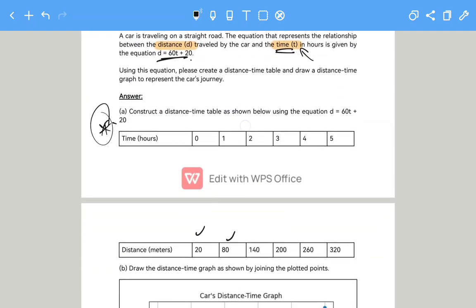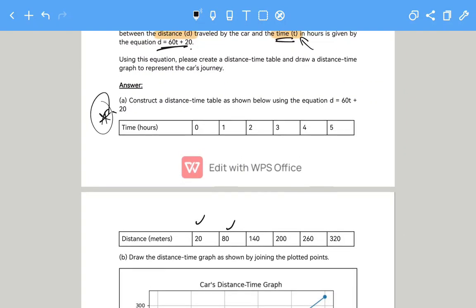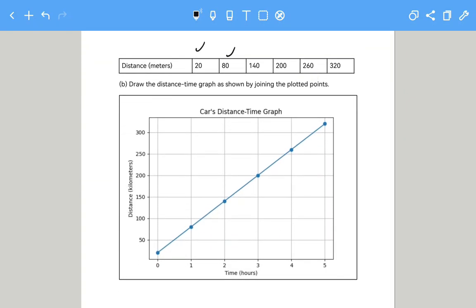So we just use time as 0, 1, 2, 3, 4, 5, and then for this one we look at the largest value. And then we determine ourselves whether our graph is able to use 50 or not. But mostly we can, so we use 50 because the value is very high, above 300.